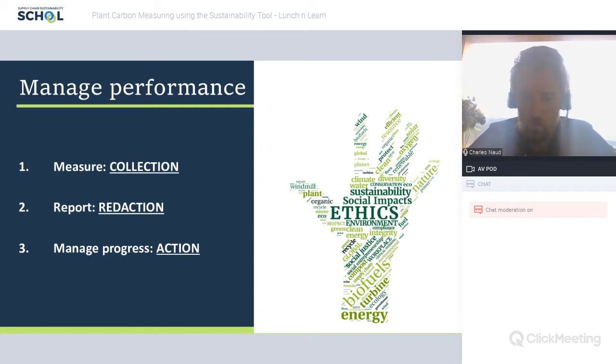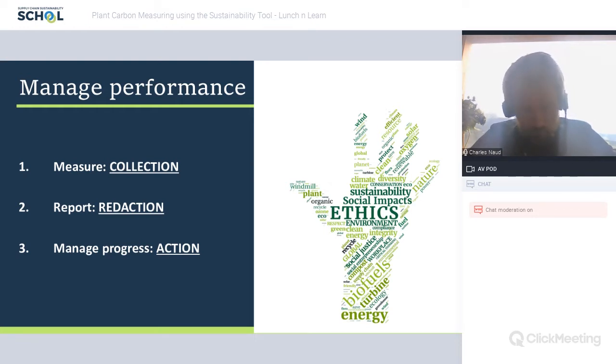That is often aligned with communication strategies. For a good example of a report, I recommend that you look at what British Land is doing. If you go to their website, in their sustainability pages, you can access their sustainability report, and that's a good example. What's particularly interesting there is the level of detail that they provide from their collection phase, so you can really go down and see the type of data that they're collecting.